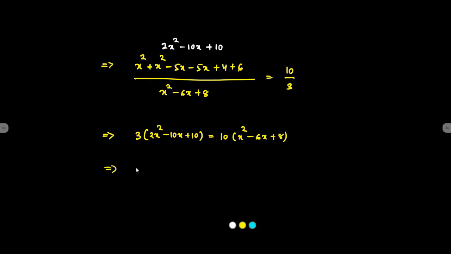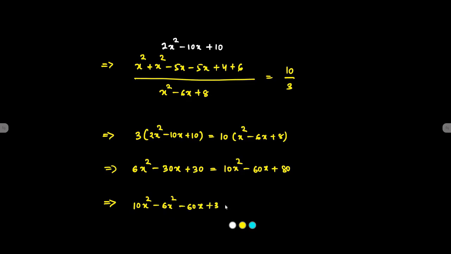That implies 6x square minus 30x plus 30 is equal to 10x square minus 60x plus 80. Now taking this to the other side, we have 10x square minus 6x square minus 60x plus 30x, minus becomes plus, and plus 80 minus 30 is equal to 0.